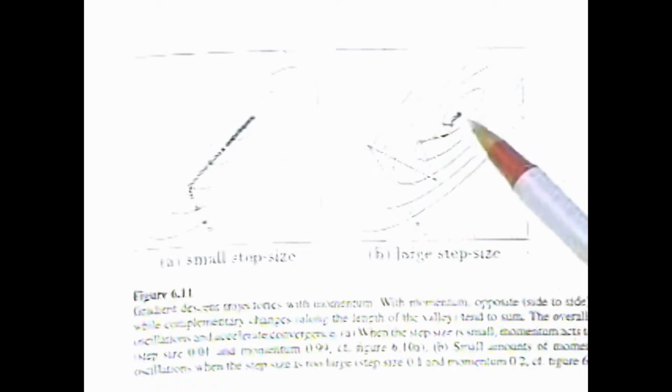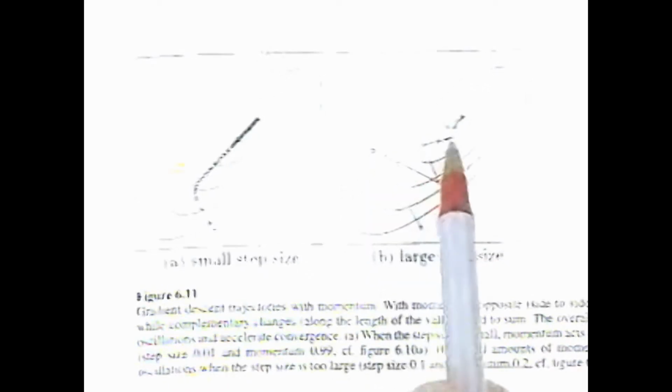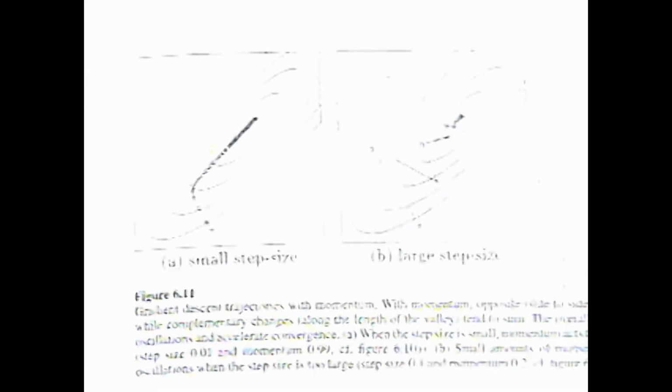And here's the large step size. If you recall, before, without the momentum, we had the cross-stitching. Now with the momentum, we don't have this incredible increase in cross-stitching, and we do converge much better.